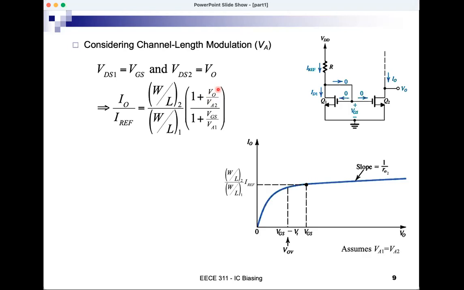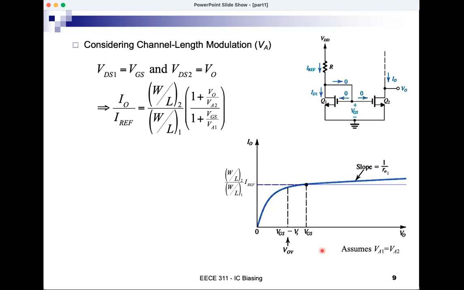So I'm hoping to get something like the blue line. Why? Because the blue line is a fixed level, and if I translate it into a sentence, it means that IO is fixed irrespective of VO. Am I getting that? The simulation shows me that I get this.